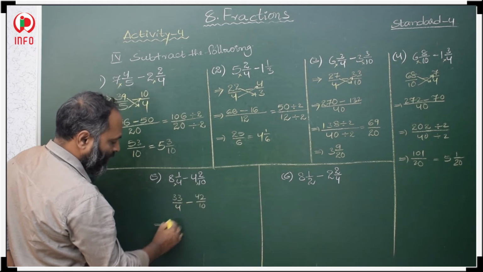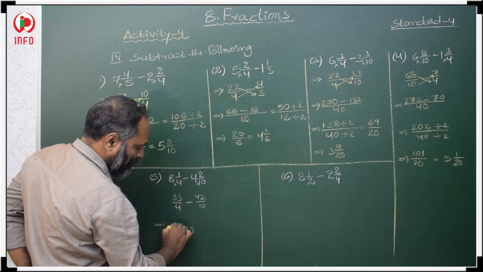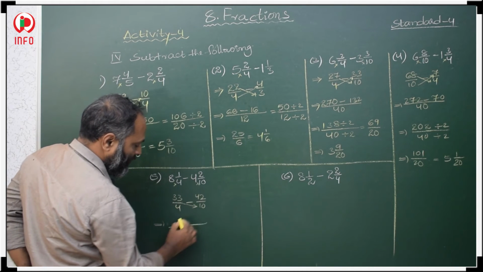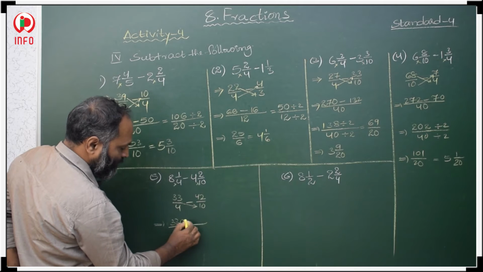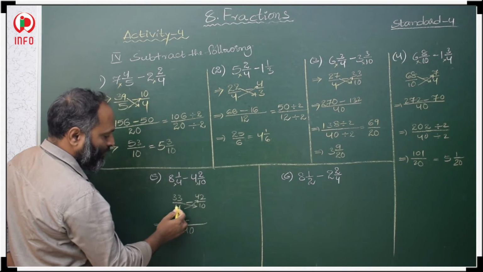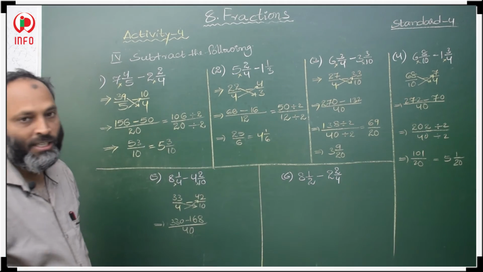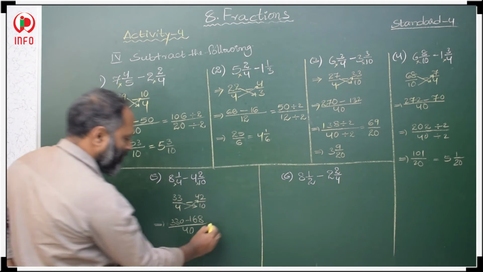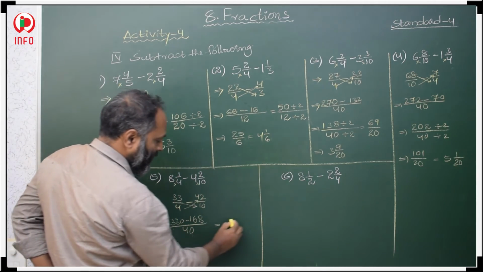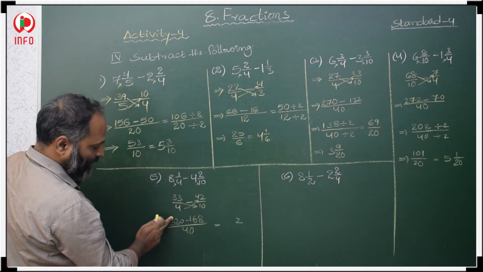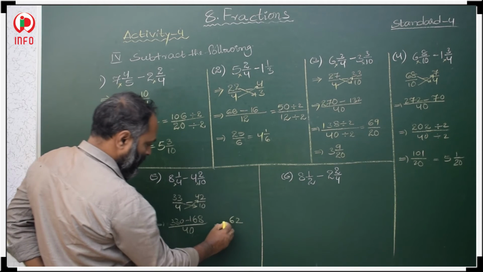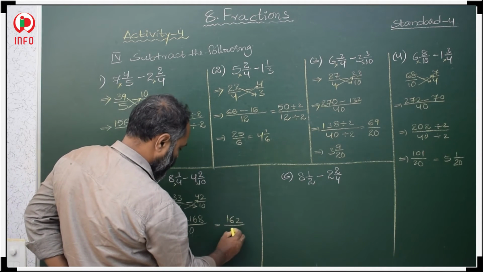Now multiply. 4 10s are 40. 33 10s are 330, minus 4 42s are 168. Now minus them. 10 minus 8 is 2. Here 12 minus 6 is 6 and 1. 162 by 40.